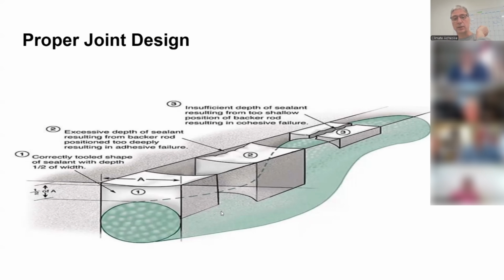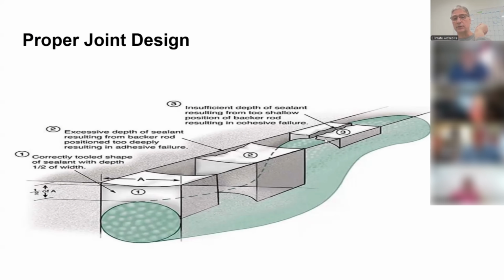In the second one here, you can see how this dotted line shows the backer rod is uneven in the joint. So in the front part of the joint, you have proper depth to width ratio, but then as you go back, it gets thinner and thinner. And so that sealant's not going to work the way it's designed to work there.